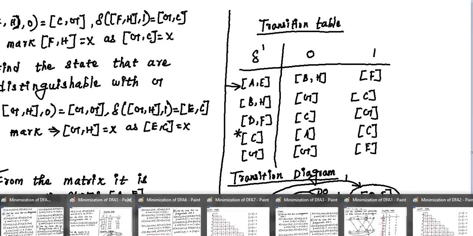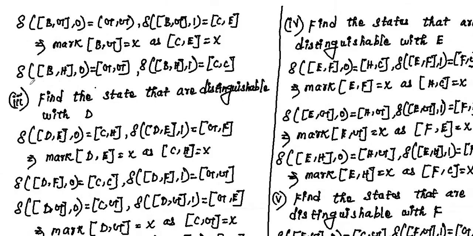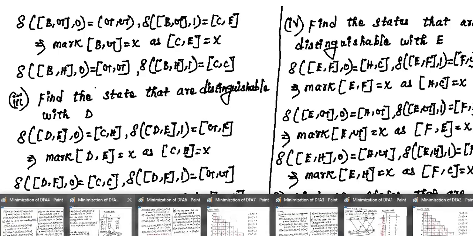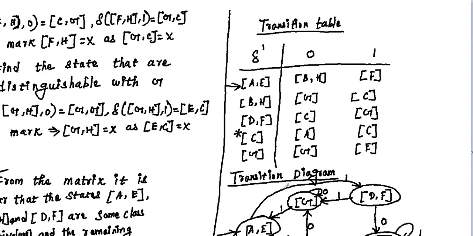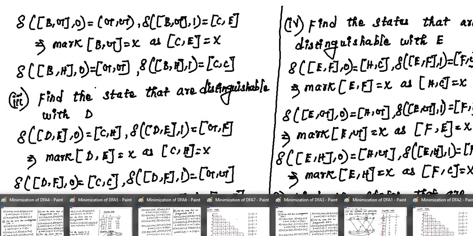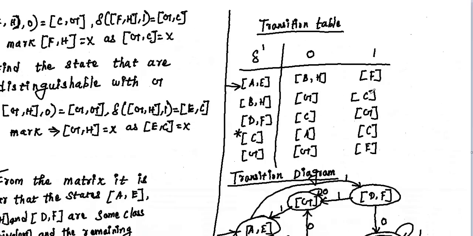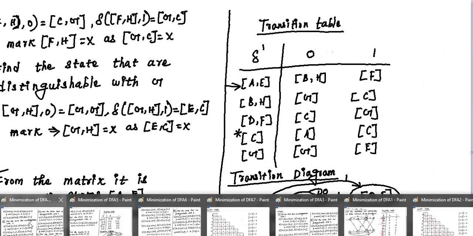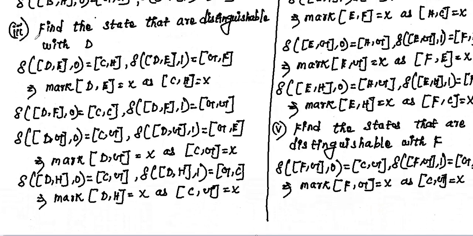Next BH0. Here BH in the second step, second subdivision, BH0 is GG. GG can be written as G. BH1 is CC, which means C. DF0, in the third subdivision, DF0 is CC.